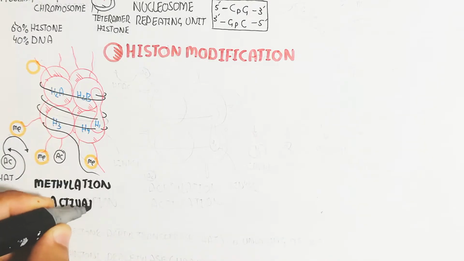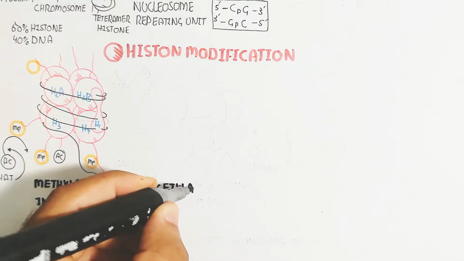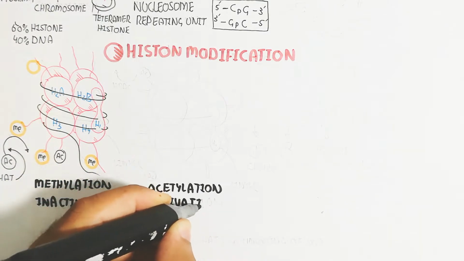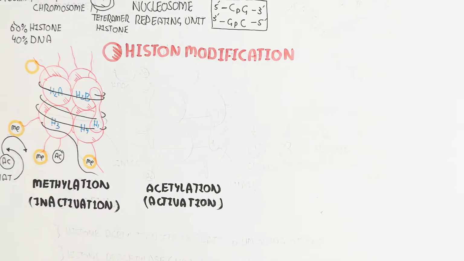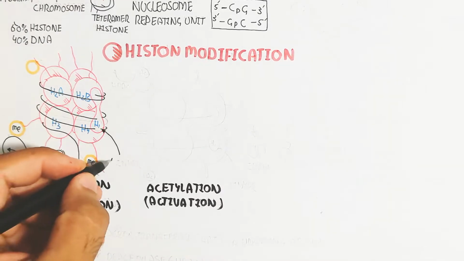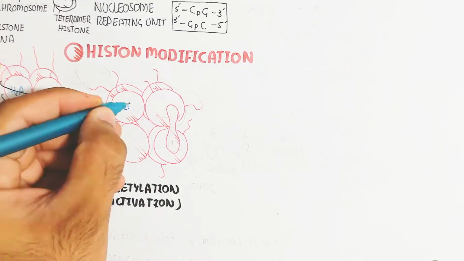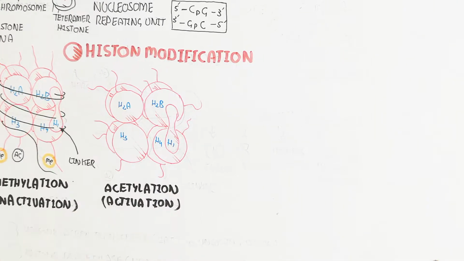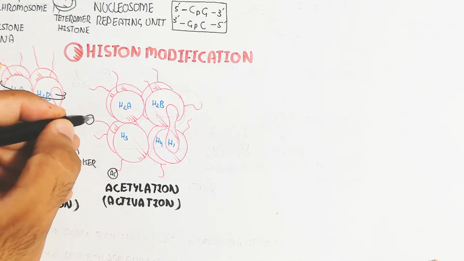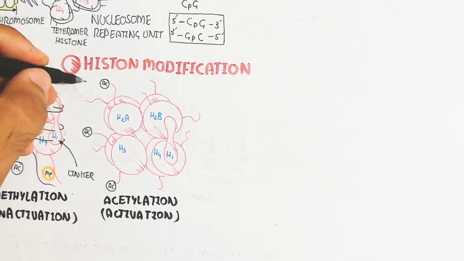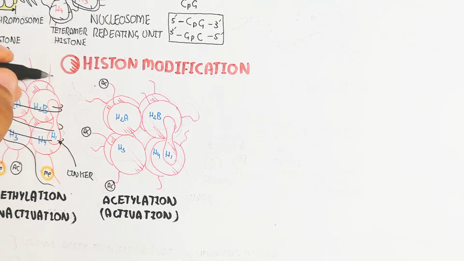The HAT enzyme basically leads to demethylation, so methylation, which causes inactivation, will lead to demethylation. Here is the linker protein, and in this way acetylation will occur. The acetyl group will be added while the methyl group will be removed through the HAT enzyme.